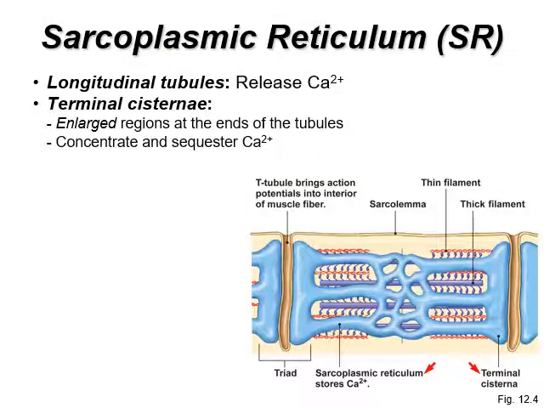Now looking closer at the blue portion, there's this region here. This is the sarcoplasmic reticulum, this blue, and it ends at this terminal cisternae, this enlarged region. And this terminal cisternae is associated with that T-tubule there. So the action potential is coming down here, and we have interaction between the terminal cisternae of the sarcoplasmic reticulum.